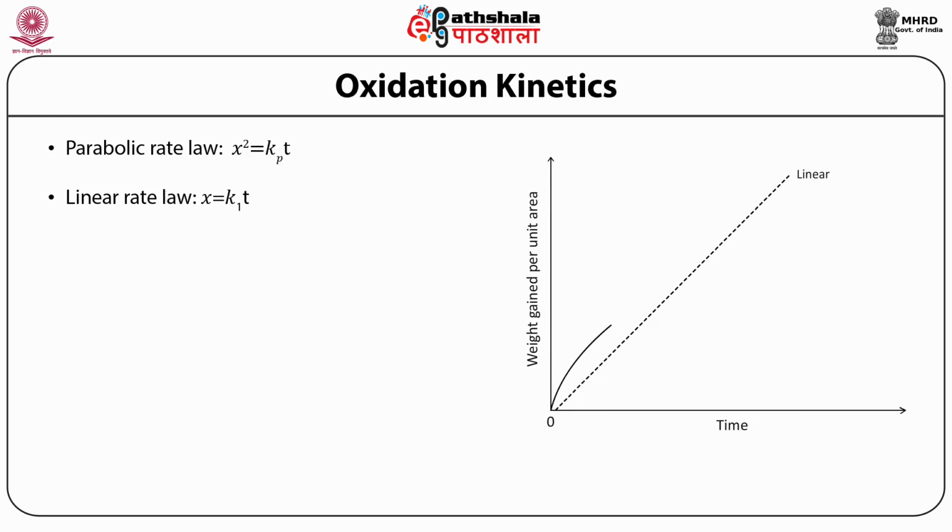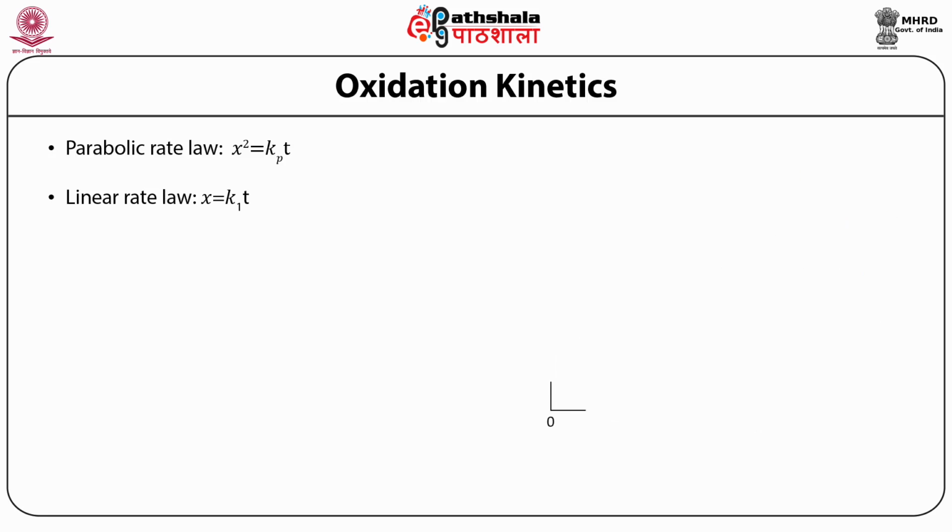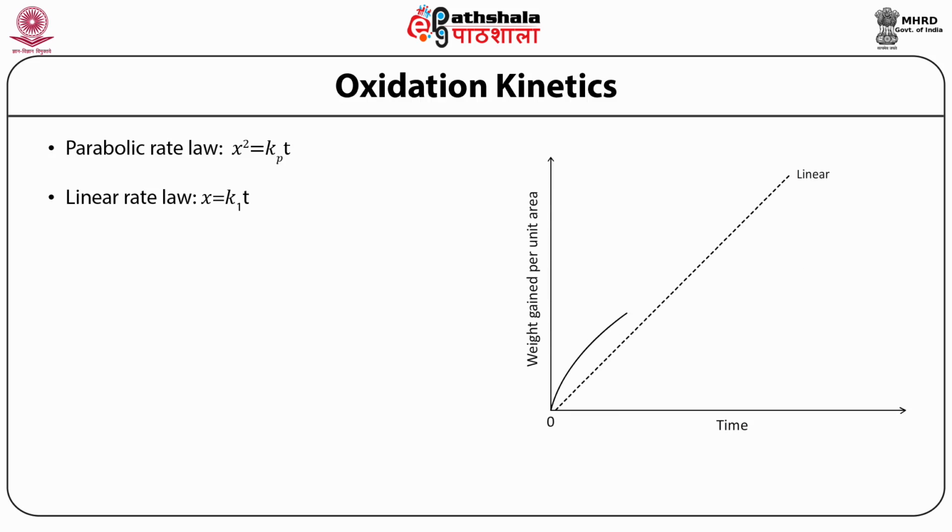Linear oxidation kinetics, with a continuous increase in oxide thickness with time, is indicative of the non-protective nature of the oxide formed. The non-protectiveness of scales can be due to several different reasons. One is the fact that the volume of the oxide formed from the metal is lower than the volume of the metal from which it is formed.